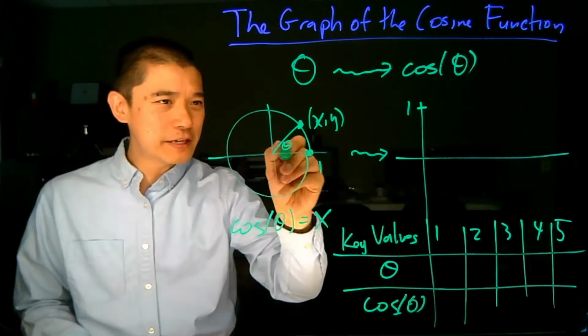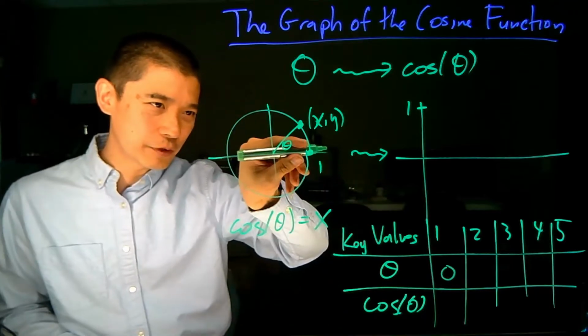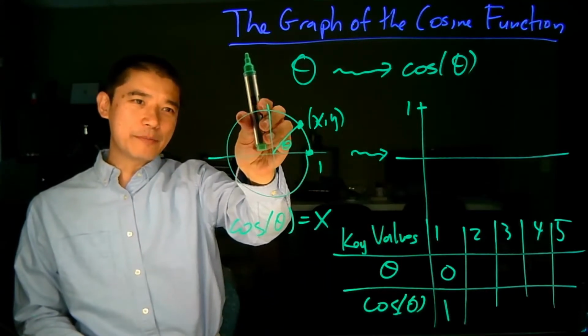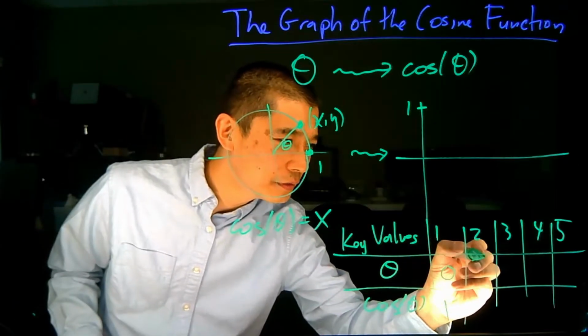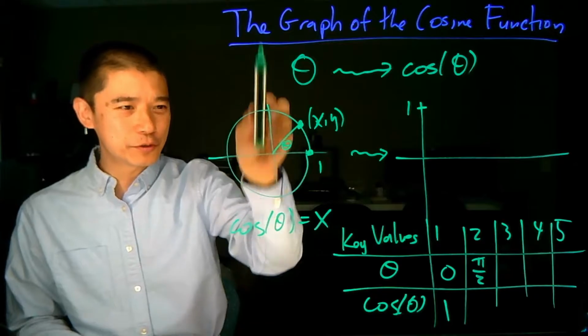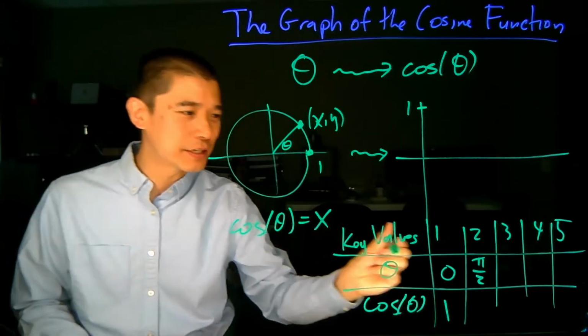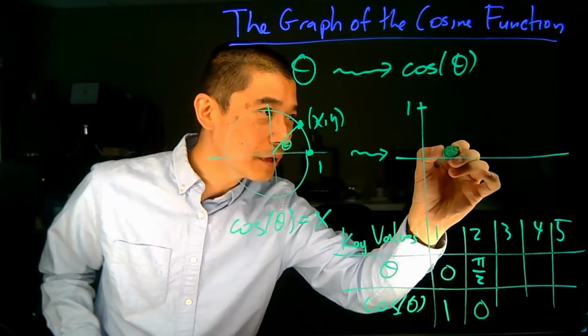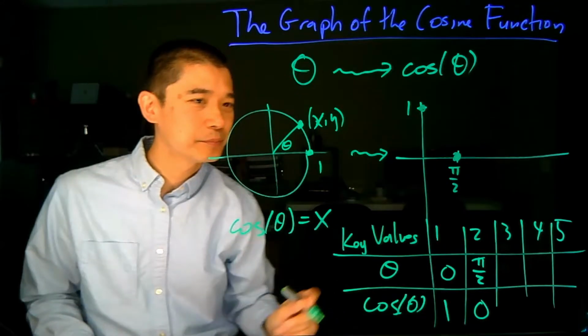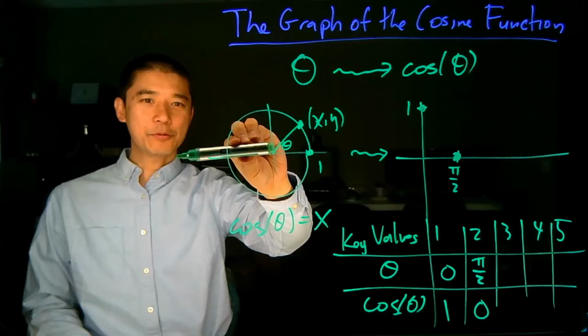Right, so when theta is equal to 0, we're going out horizontally, cosine theta is equal to 1. The next key value happens at pi over 2. When we're at pi over 2, the x-coordinate is equal to 0. We're along the y-axis, which means the x-coordinate is equal to 0. So at pi over 2, we're going to be here. The next one happens at pi.